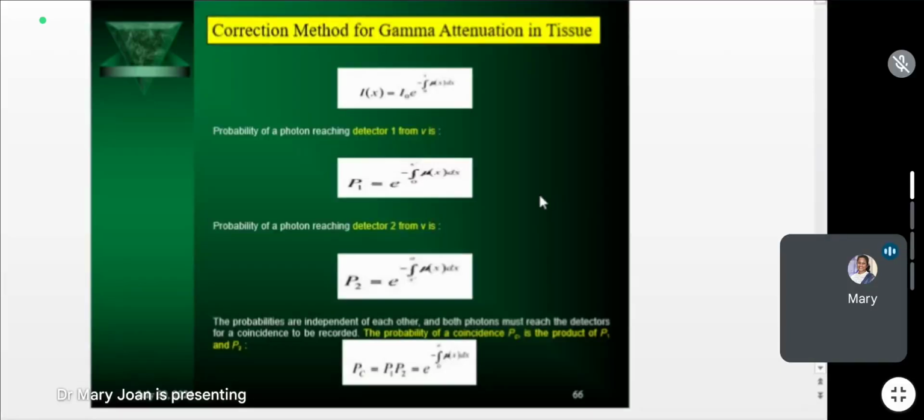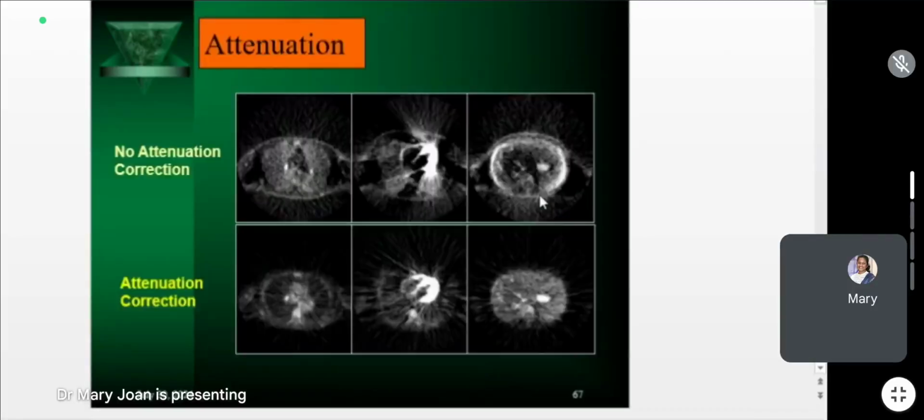The probabilities are independent of each other, and both photons must reach the detectors for a coincidence to be recorded, so the probability of a coincidence is the product of P1 and P2. Here you can see the difference in image quality without attenuation correction and with attenuation correction.